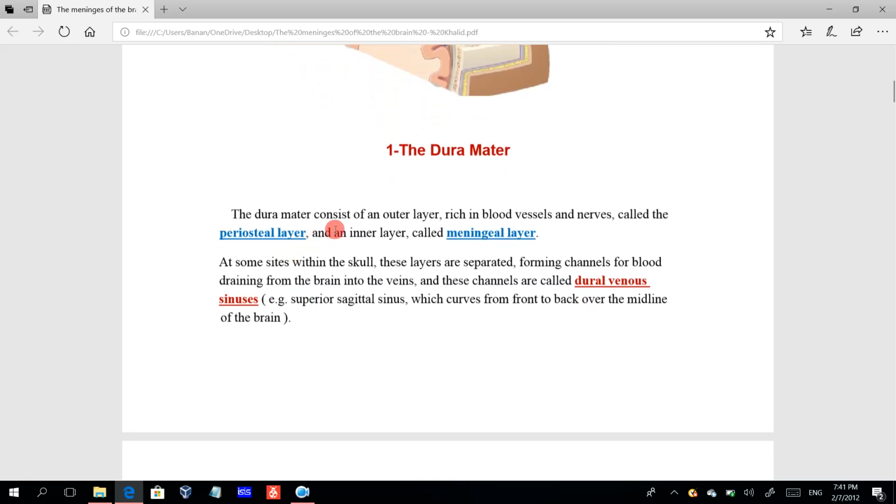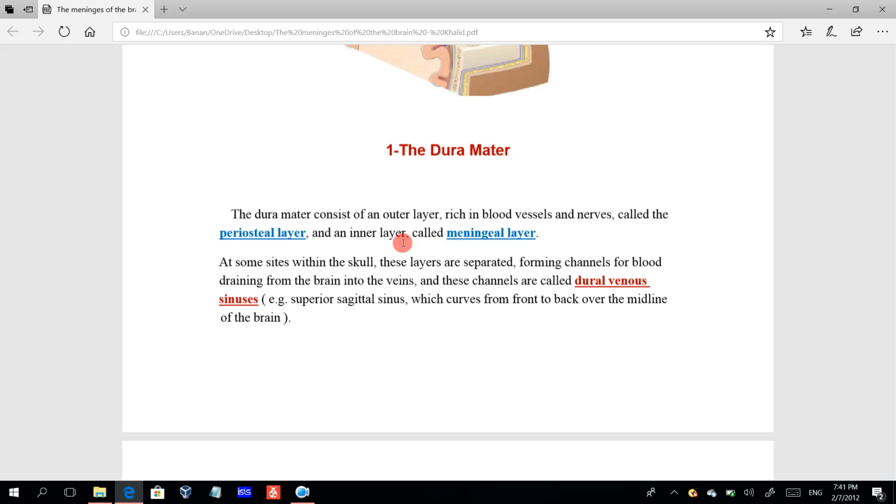The dura mater consists of an outer layer which is rich in blood vessels and nerves, and it is attached to the inner surface of the bone of the skull, and is called the periosteal layer, and an inner layer which is called the meningeal layer. So the dura mater consists of two layers.